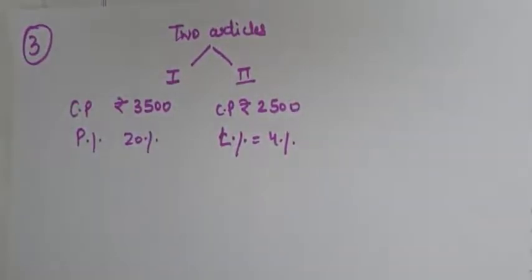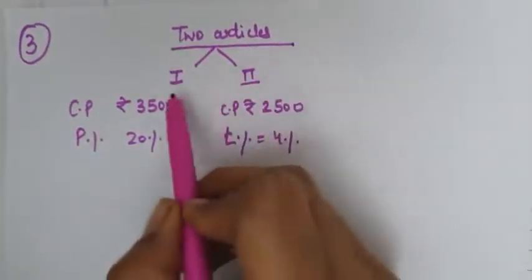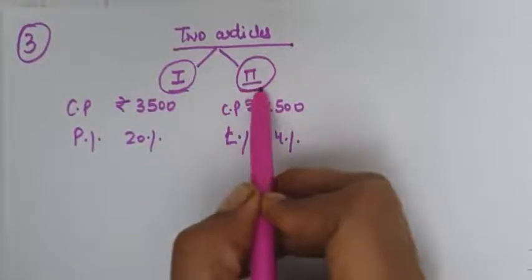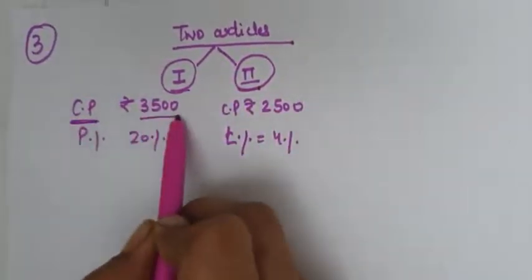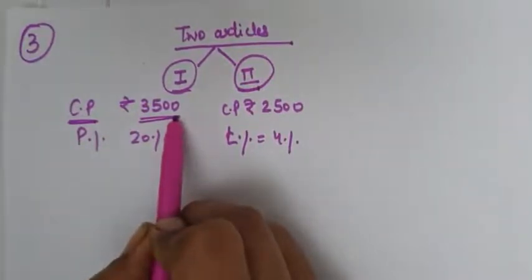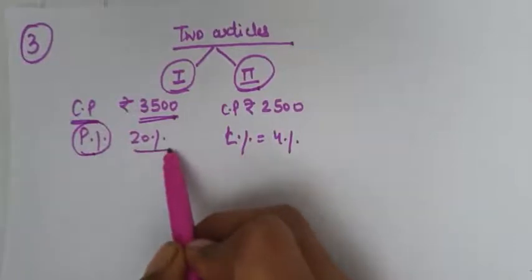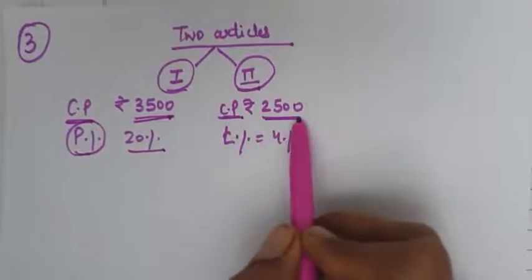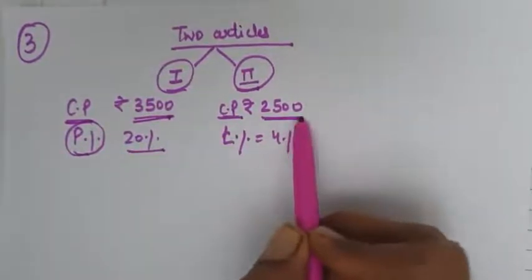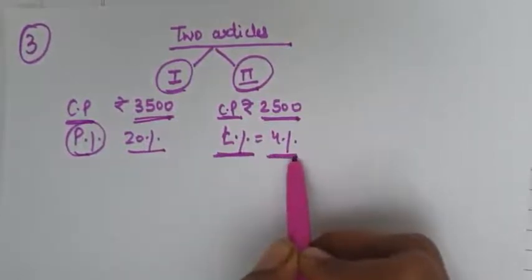Now let us discuss the third question. In the third question, it is given that a man bought 2 articles. The cost price of the first article is 3500 and the profit percentage is 20%. And the cost price of the second article is 2500 and the loss percentage is 4%.